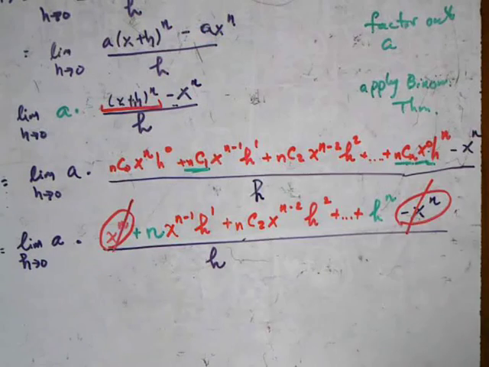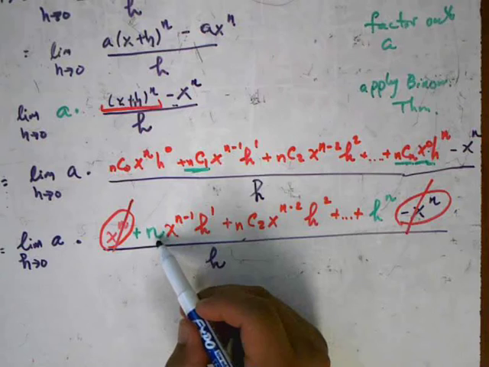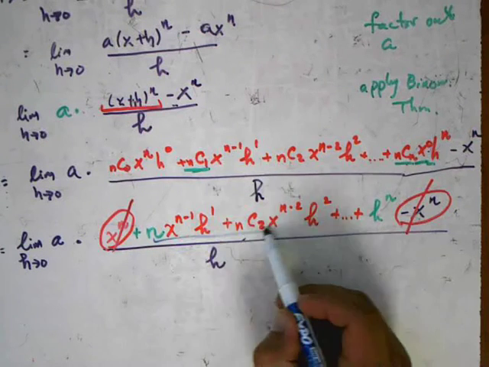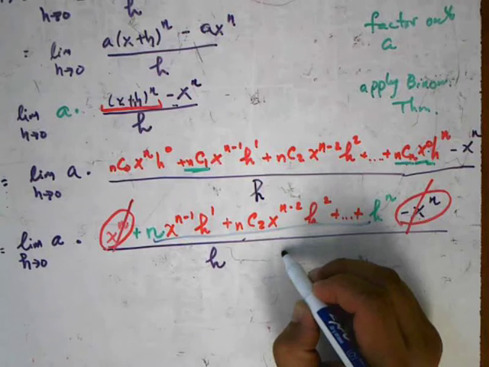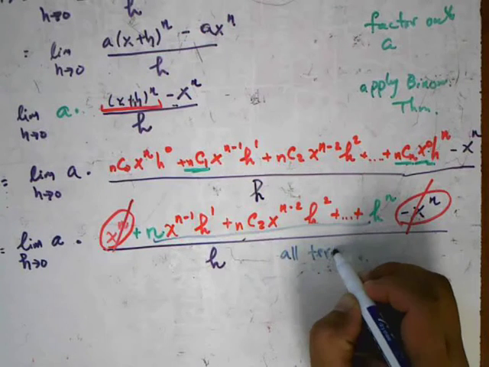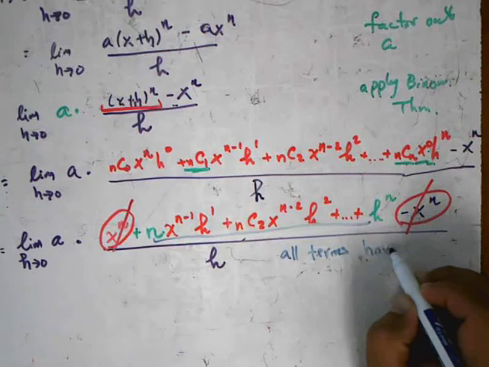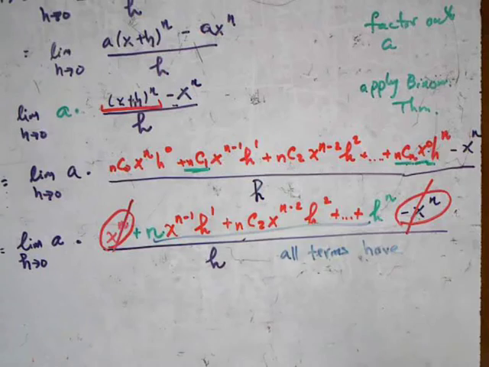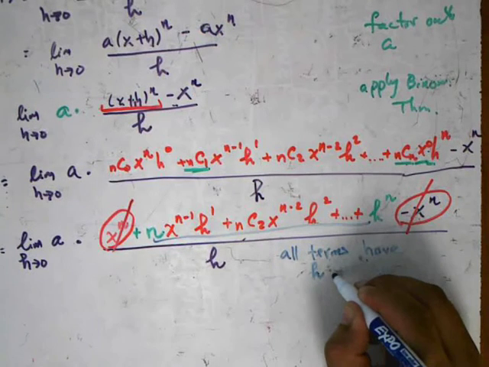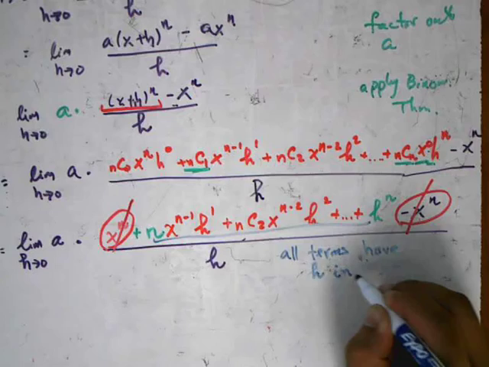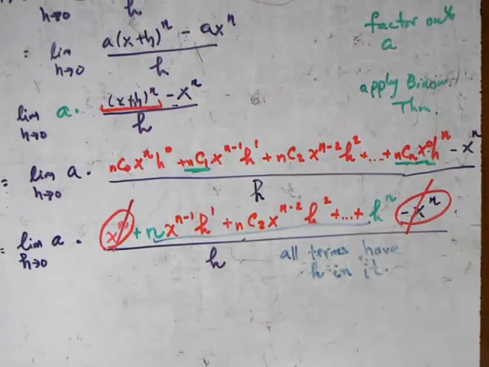So whatever terms are in here, and again, I don't know what exactly all those numbers are, I know that all of those terms have h in them. So that allows me to factor it out.